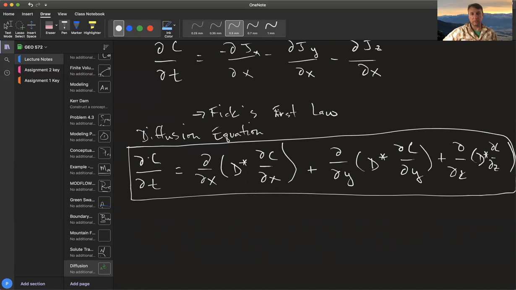So here, instead of dH/dt, we have dC/dt. We don't have a storage term because the porosity fell out. All right, but we have dC/dt is equal to the gradient of the flux. So this looks just like the head equation, except now H's are replaced with C's, and instead of K, I have D star.